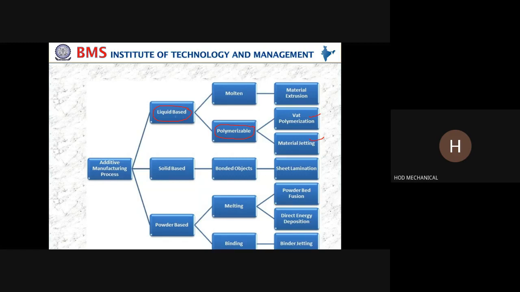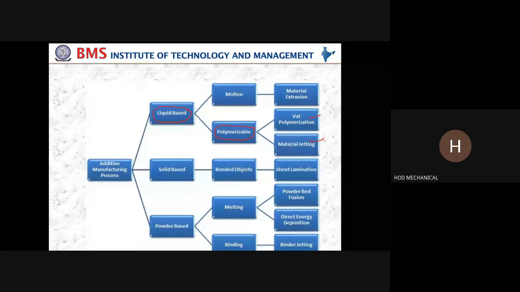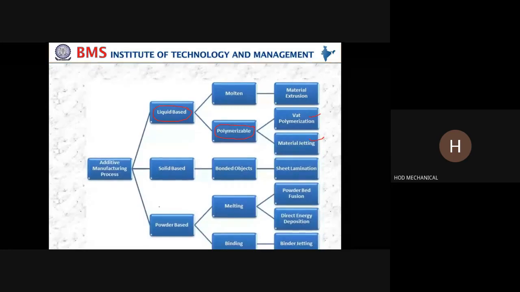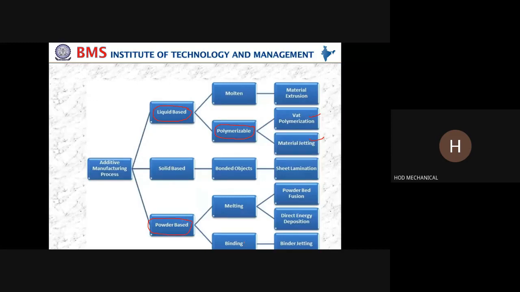This liquid based polymer will undergo polymerization. The processes are vat polymerization and material jetting. Then the next method we are going to use is powder based. The starting raw material is powder based, with a binder, and the process is called binder jetting. Please understand it like this.